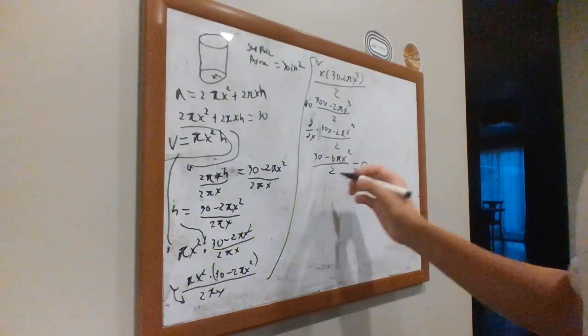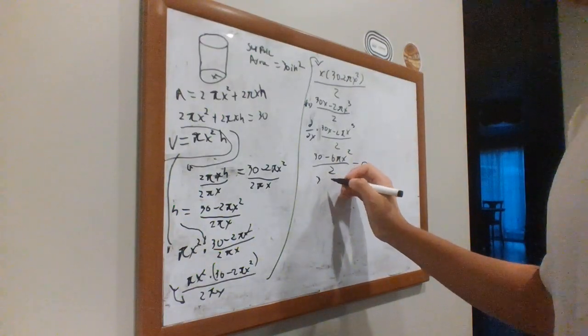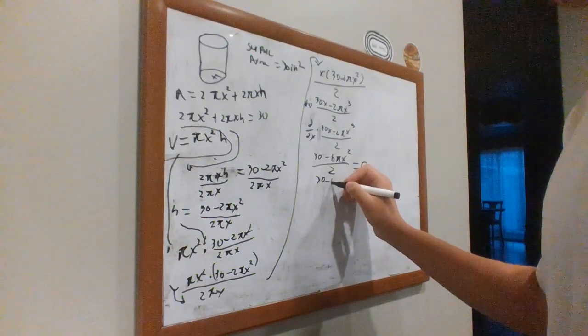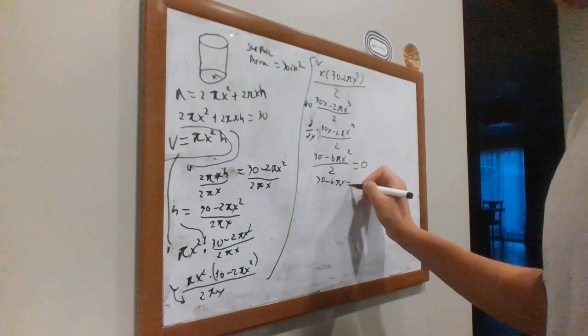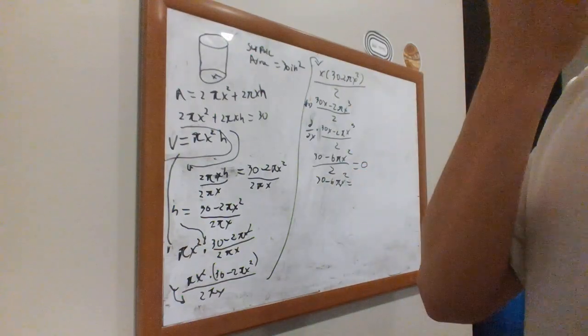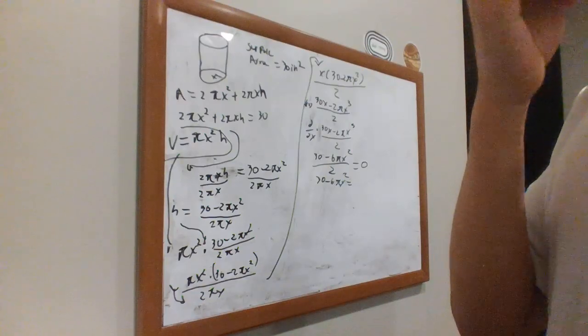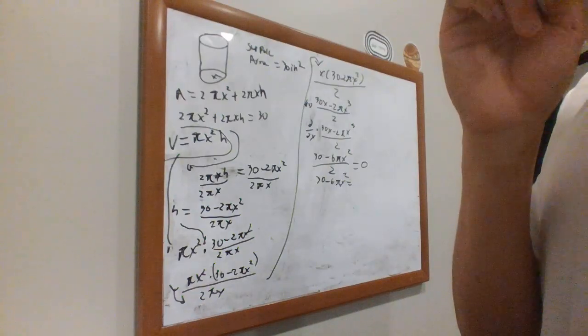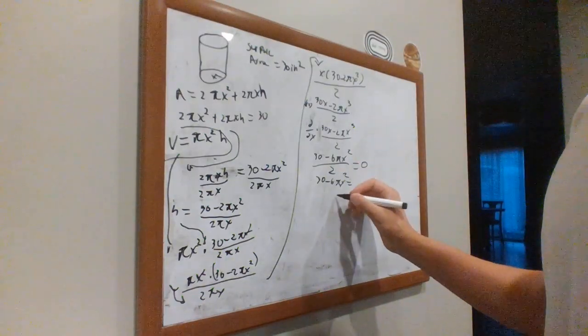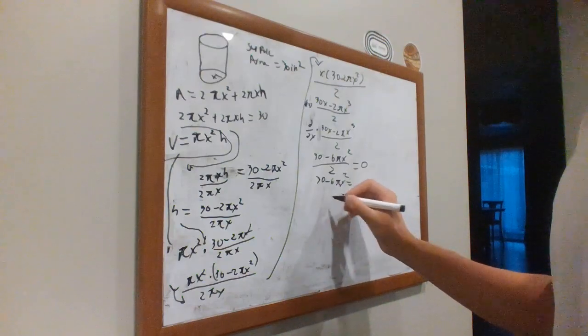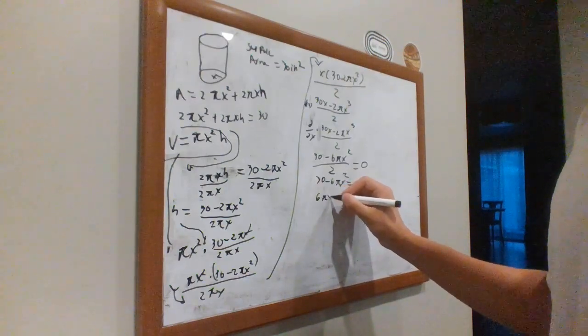So the 2 just goes away because 0 times 2 is 0. Then we move the 30 over, so that'd be 30 equals 6 pi x squared.